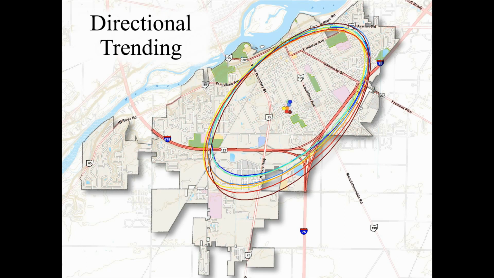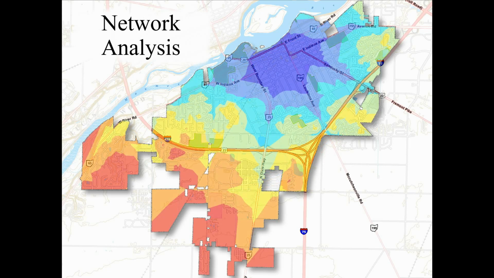We can see in which direction spatially the data is trending over time using a directional distribution in our standard deviational ellipse and our mean center, and it can tell us if points are increasing in one direction versus another direction, and then we can use network analysis to model travel time.